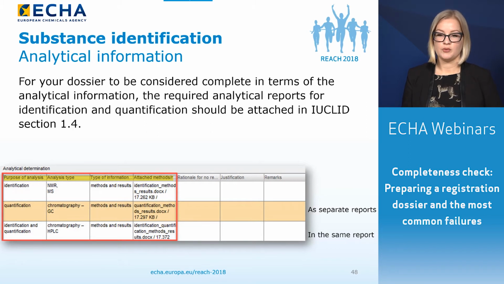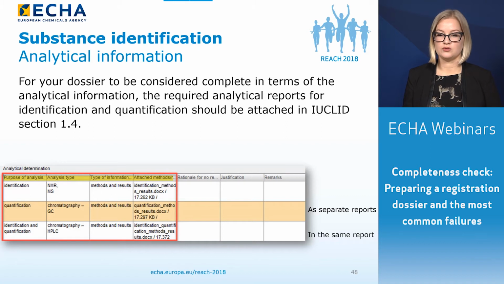In this screenshot from EUCLID section 1.4, you see the table where you should insert the methods and results of your analysis. For reporting the analytical information, you should always complete the rows so that you select a value for purpose of analysis, analysis type, type of information, and attach methods/results.